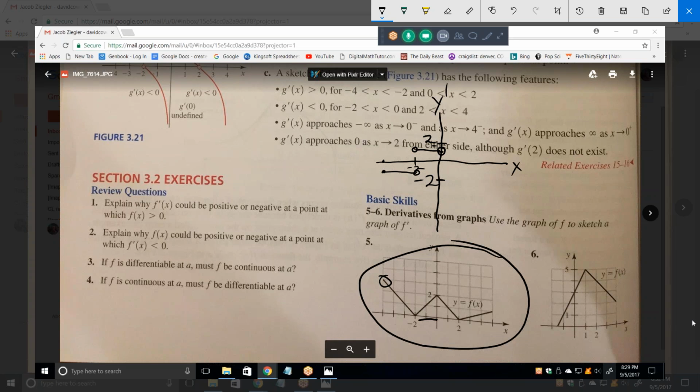So when we go from 0 to 2, we're again looking at a slope of -1. With me? And then when I go from 2 to 5, what's my slope? 0.5.